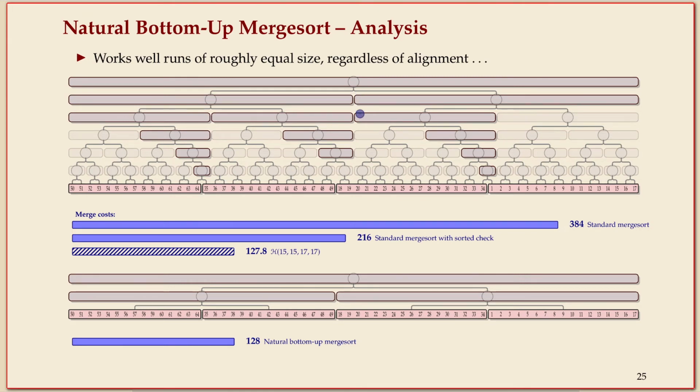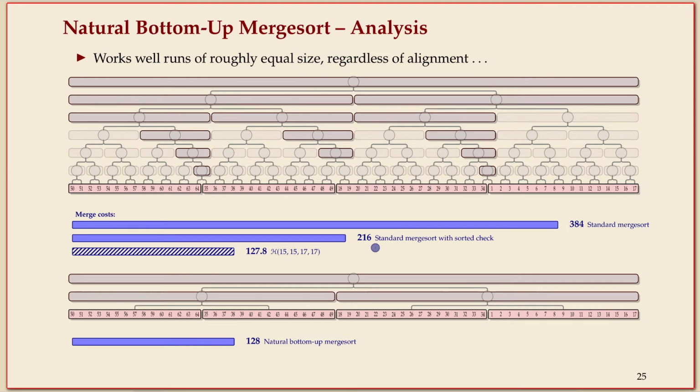So if we look at the example that did not work so well with the top-down merge sort and sortedness check, that was this example. If we look at the same example with the new idea, it works brilliantly because you detect this run, you detect this run, and this, and you nicely merge them up.